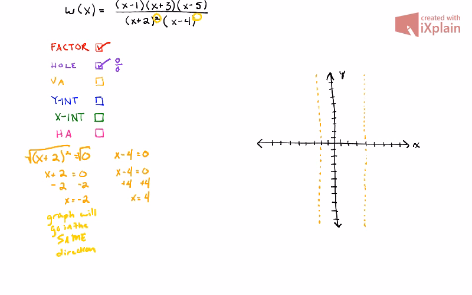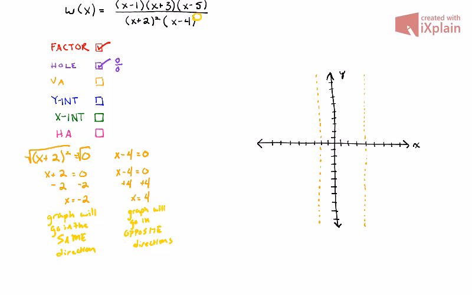And the fact that the binomial factor of x minus 4 has a degree of 1, and we say that it's a 1 because we haven't explicitly written any sort of exponent next to it, since it's odd, we will say that the graph will go in opposite directions. Okay, so we're going to save those for later. All right.